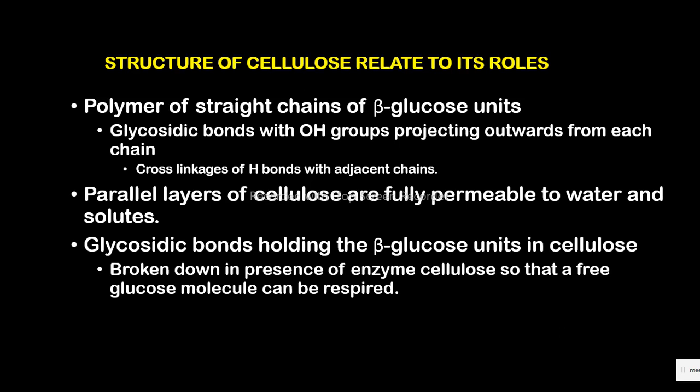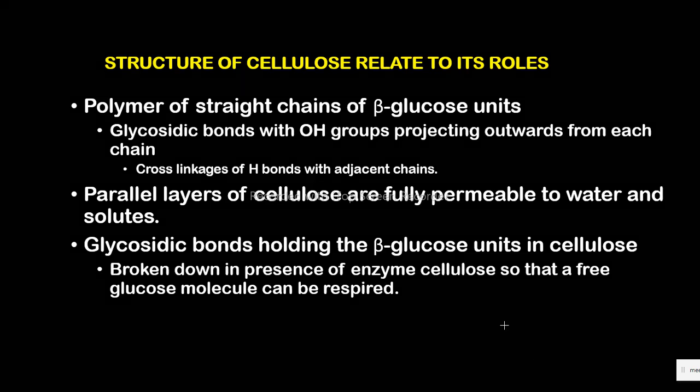This is supposed to be A, I think it was just a typing error. The enzyme cellulase. And since this enzyme is able to break down that bond, animals that feed on cellulose are able to obtain the glucose and respire to produce energy.